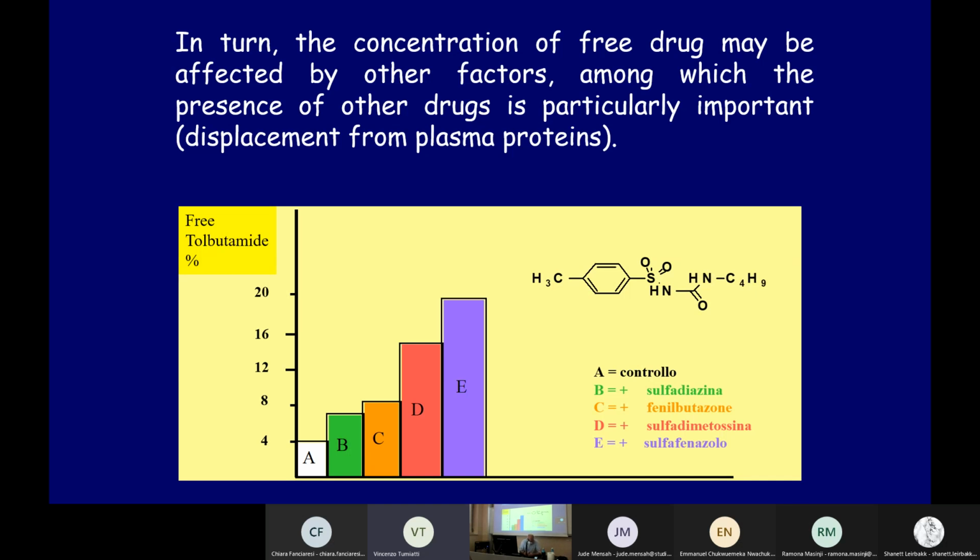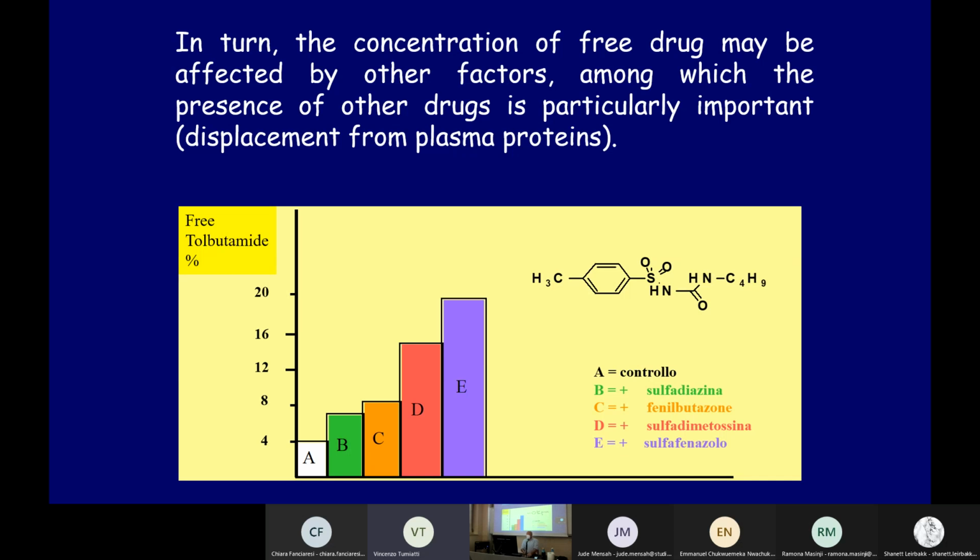We have already described that it is important to reach the right level in the blood flow to have the therapeutic effect. In the ideal condition, when you have only one drug, we know exactly what happens inside the blood flow because we know the bioavailability of this drug, we know the p-value, we know everything.